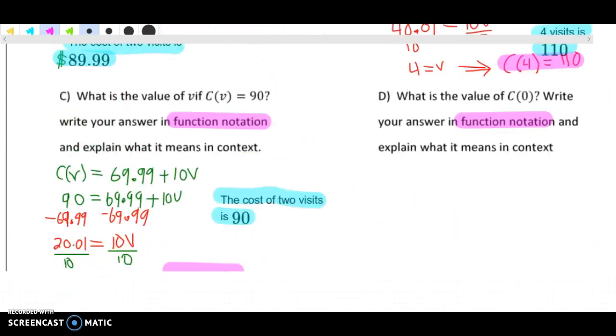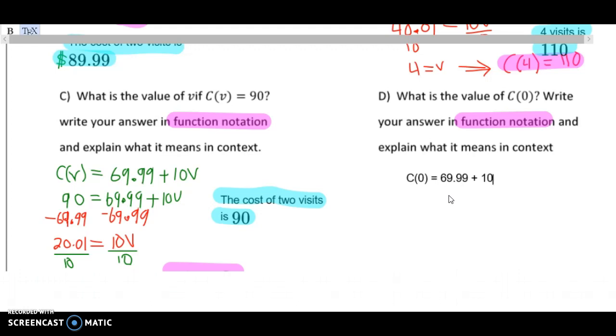So let's do the math. My handwriting is getting kind of worse, so I'm going to type this up. C of 0 equals $69.99 plus 10V. I use a lowercase v. And I'm going to replace the v with 0.